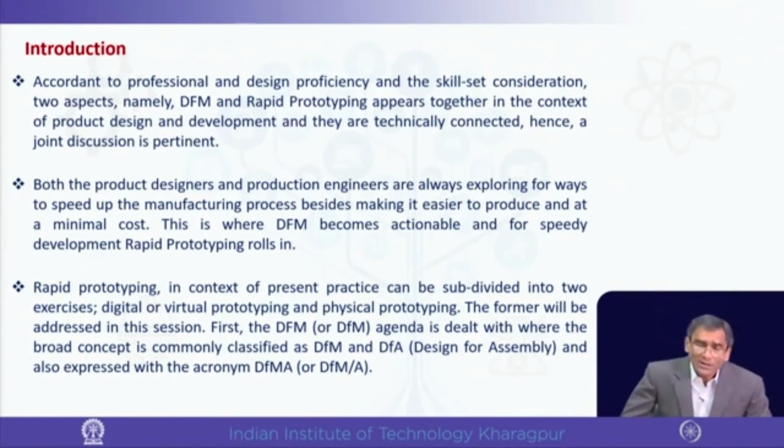Rapid prototyping in the context of present practice can be subdivided into two, as I have said: the digital part and then the physical part. First, a digital simulation or digital solution is created from a CAD design, to check, say, how much stress or force is coming onto the product.